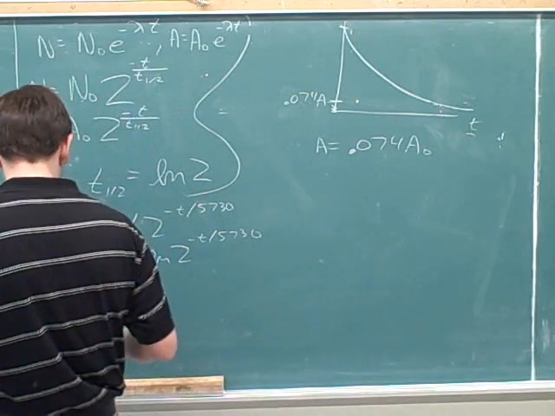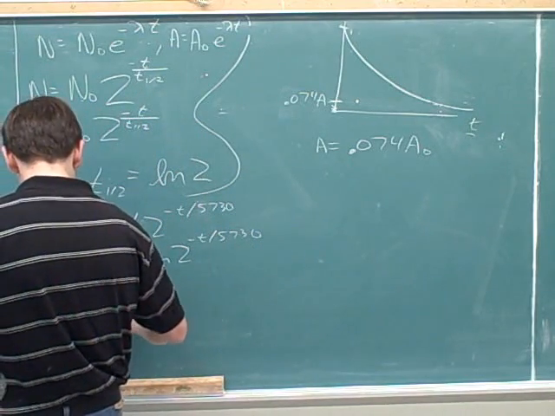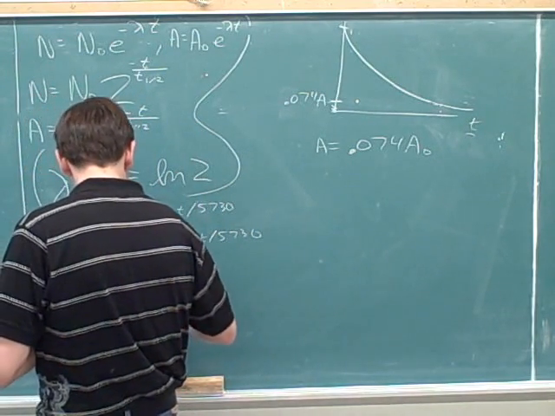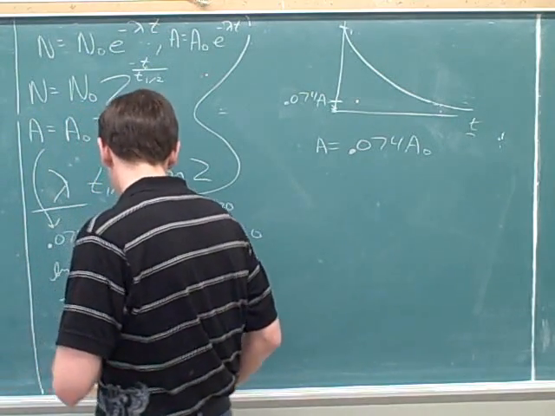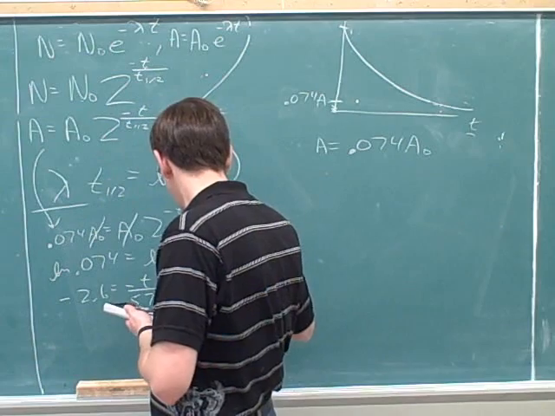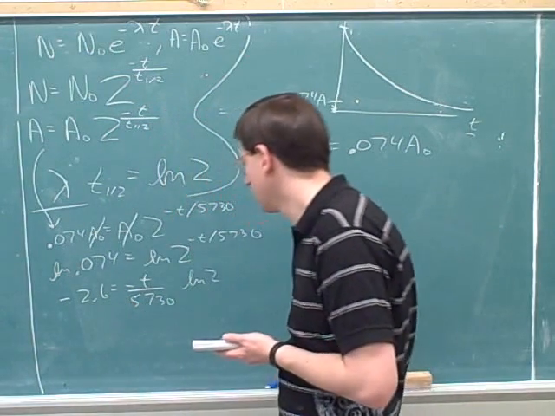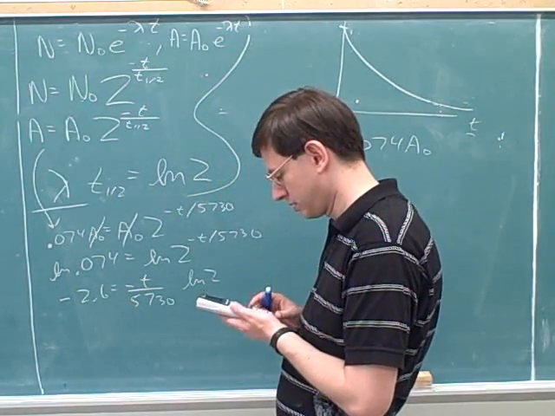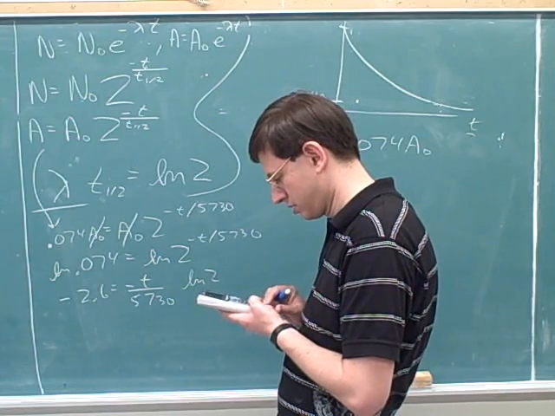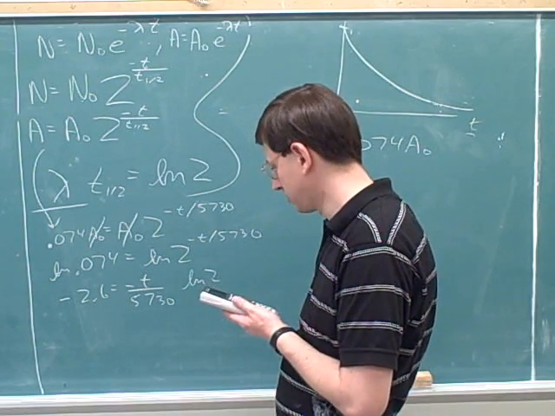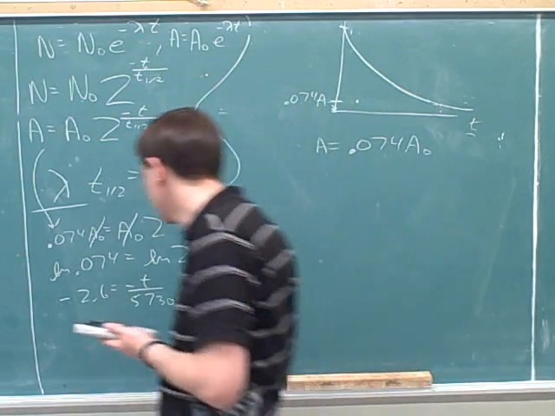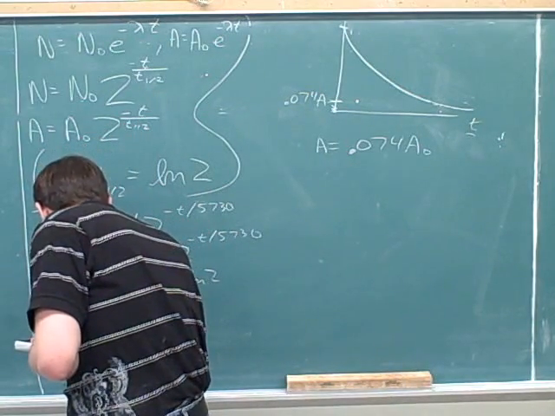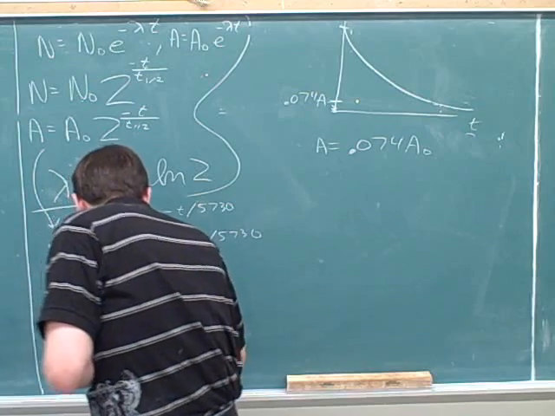And that's equal to negative t over 5,730 ln of 2. Good. t divided by ln of 2. To get negative 3.76 is equal to negative t over 5,730.